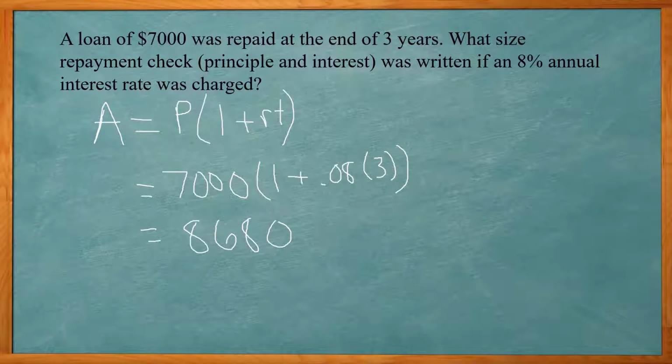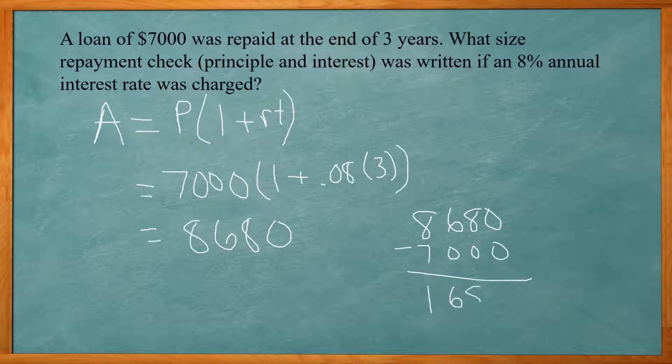So if the principal was 7,000, I can simply take the 8,680 minus 7,000. That gives me 1,680. So that's the amount of interest that accumulated over the 3 years. So they paid a check of 8,680. That included 7,000 that they borrowed and 1,680 of interest.